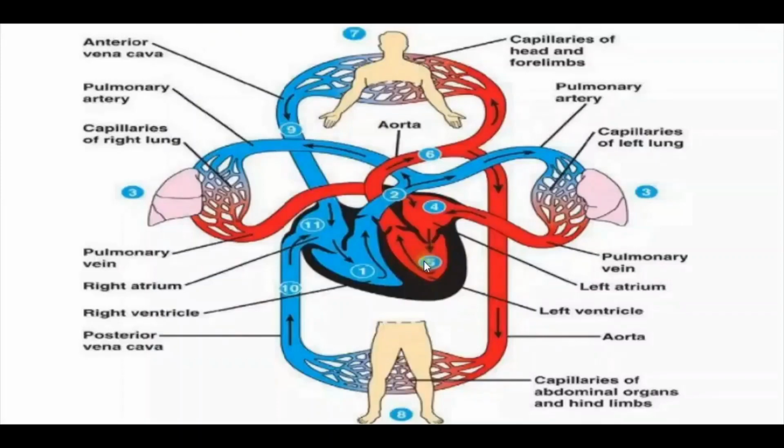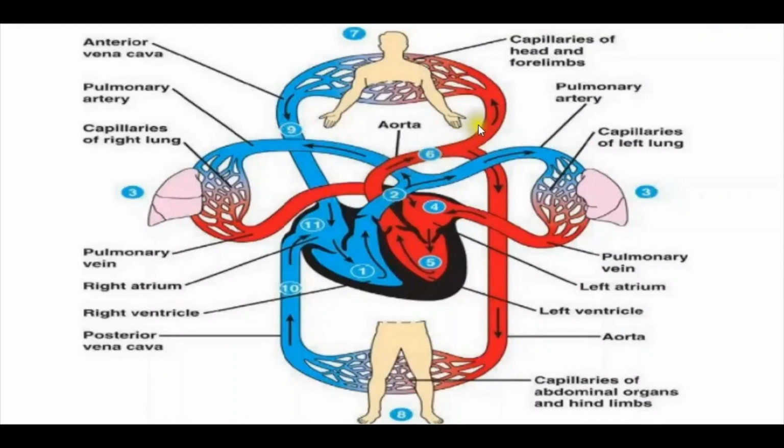The systemic circulation starts from the left ventricle of the heart. This is the left ventricle. So aorta carries oxygenated blood. Which one carries oxygenated blood? Aorta, through this way.